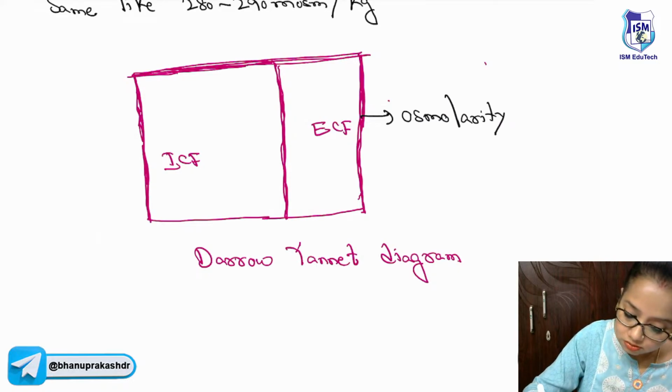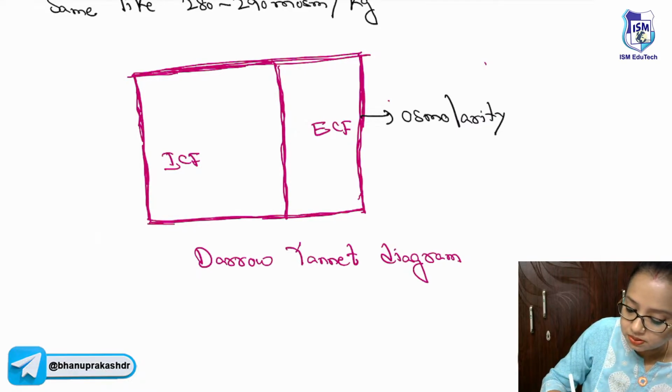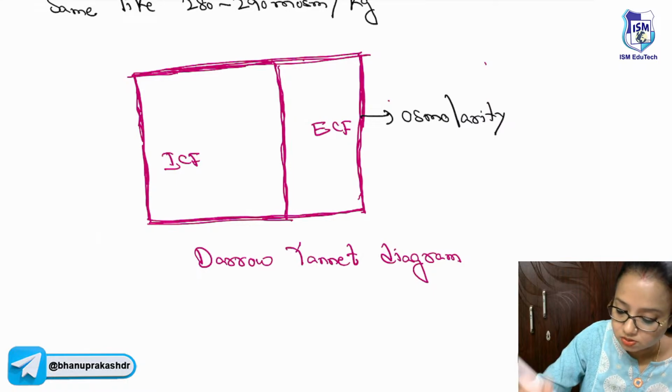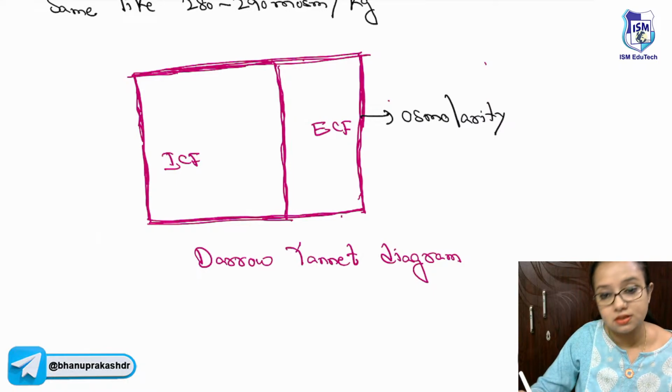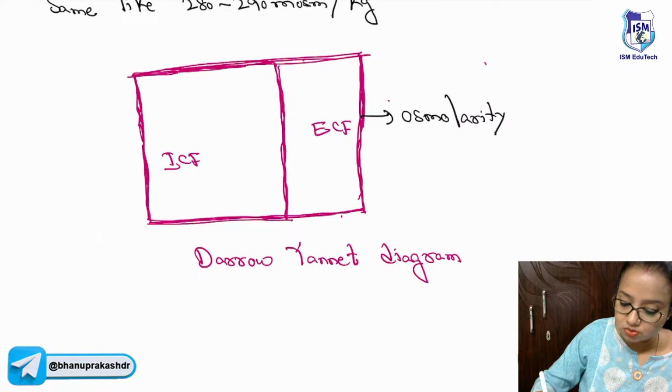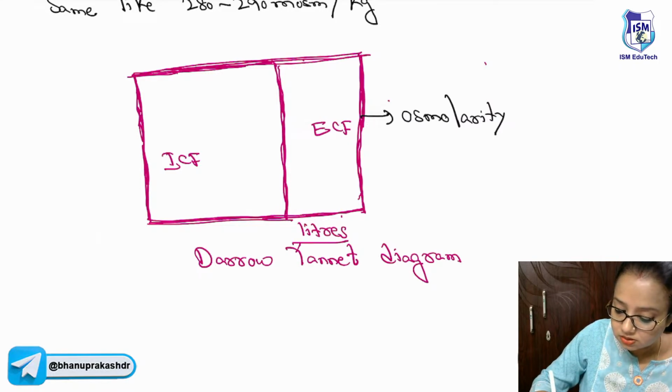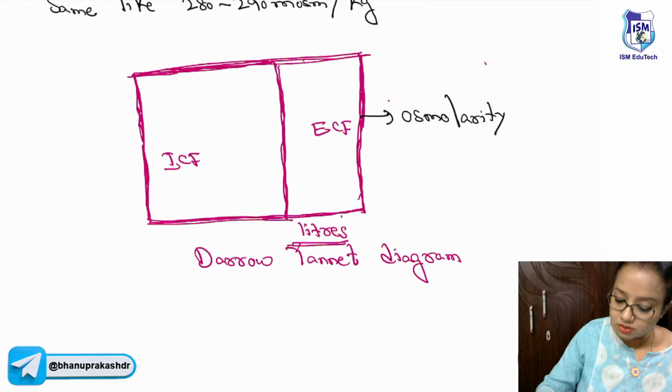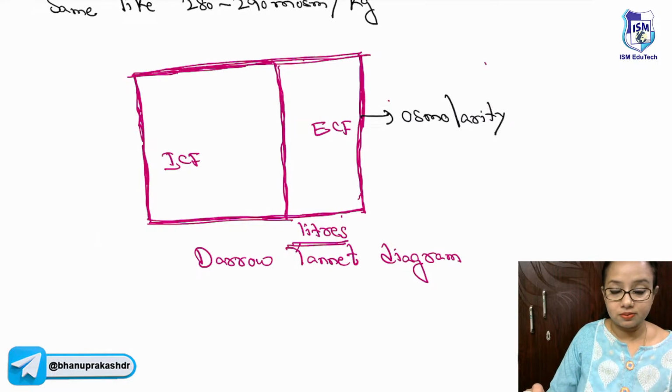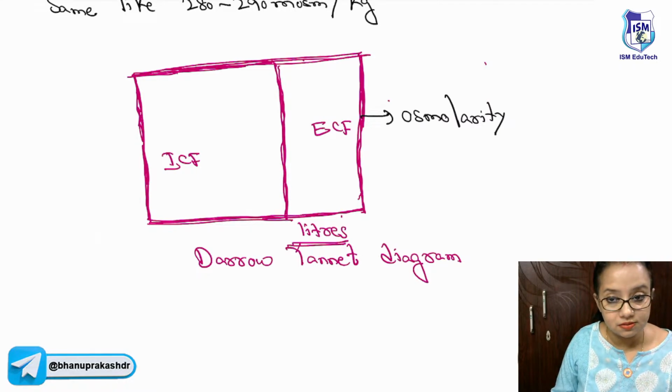Whereas the horizontal lines up and down will mean the volume in liters. I repeat, we are drawing the hypothetical cell. On the left side, the component is the ICF.